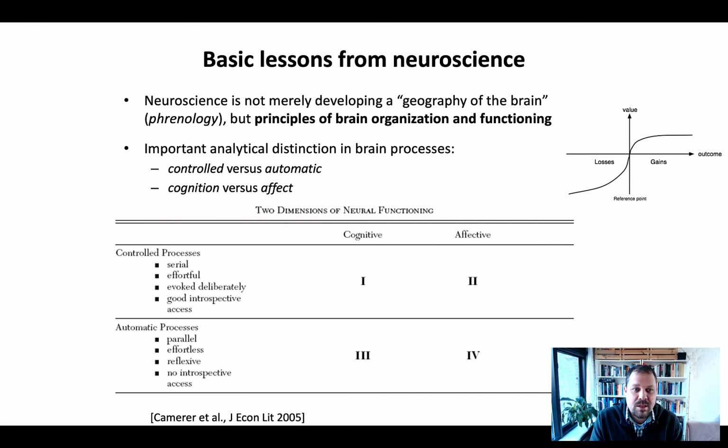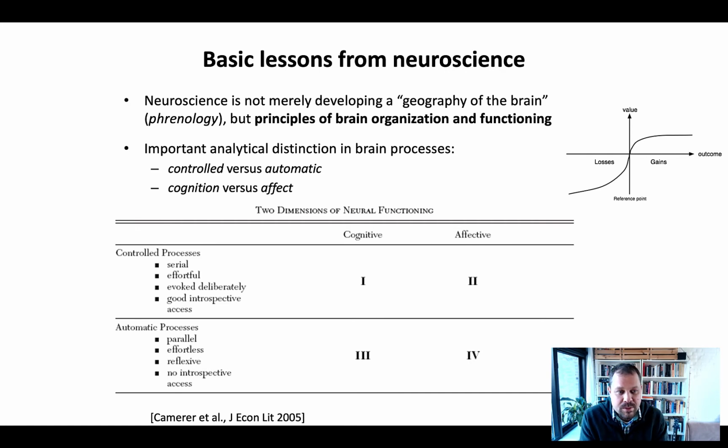Neuroscience is interested in developing principles of brain organization and functioning, and mostly in how we develop mechanistic explanations based on neural functioning, the neuronal properties, and how these relate to behavior.